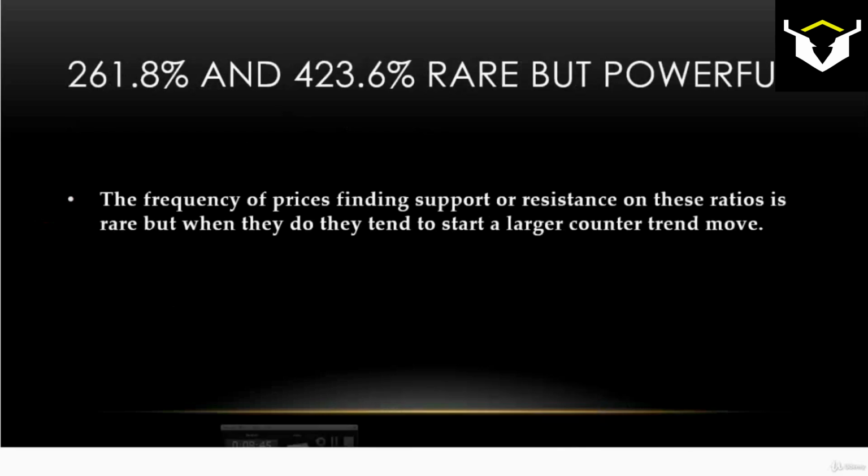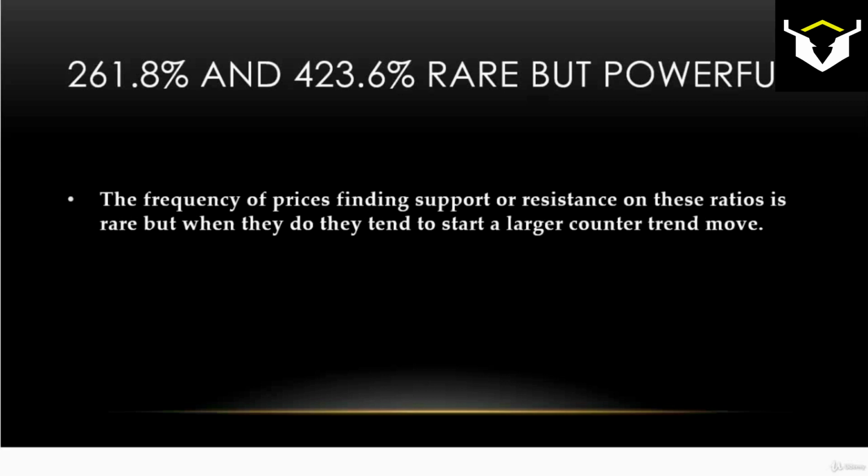127% and 161.8% are used by seasoned traders to book profit. You will also find prices finding support or resistance at 261.8% and 423.6% extension levels as well.